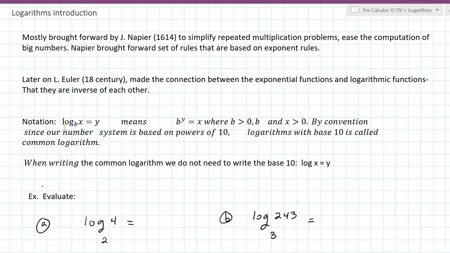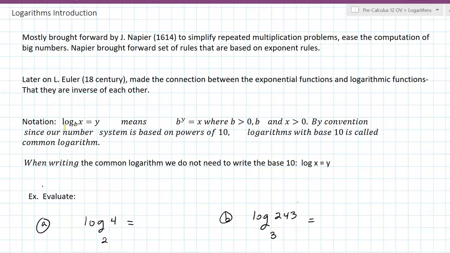Instead of having repeated multiplications, basically John Napier looked at it as an extension of exponent laws and then applied. And then later, Leonard Euler made the connection between the exponential functions and the logarithmic functions, and it turns out that he proved that they are inverse of each other.